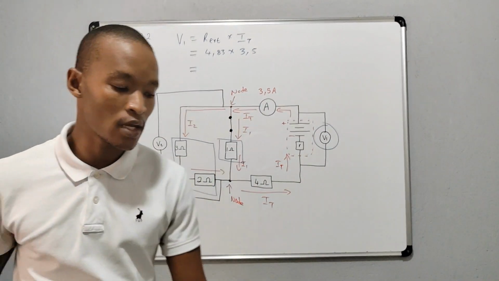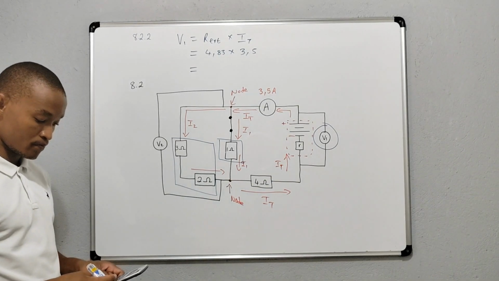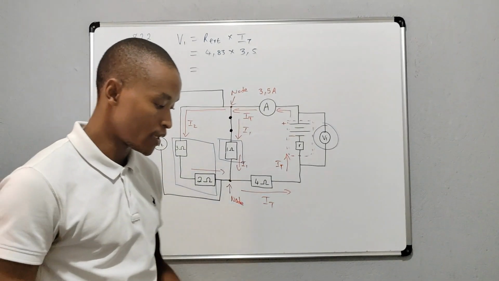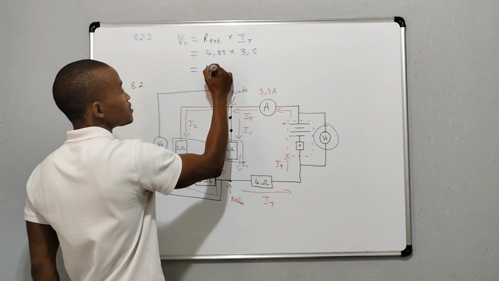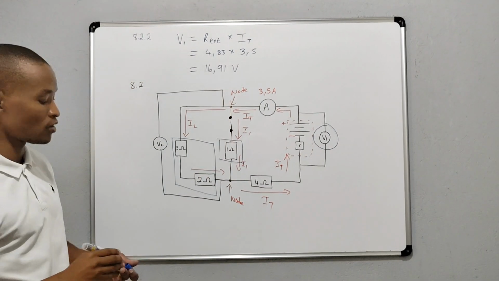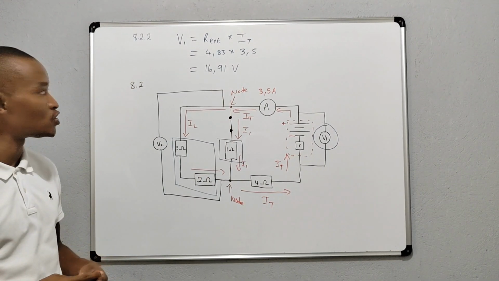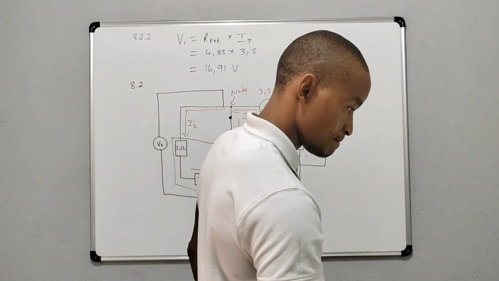And let's do that calculation. We get 16.91 volts. 16.91 volts. And this takes care of 8.2.2. Let's go to 8.2.3.